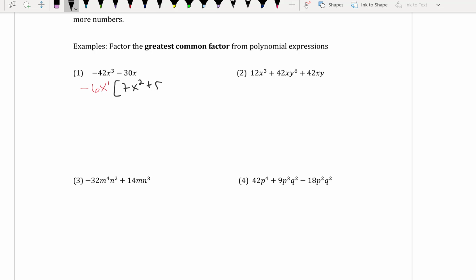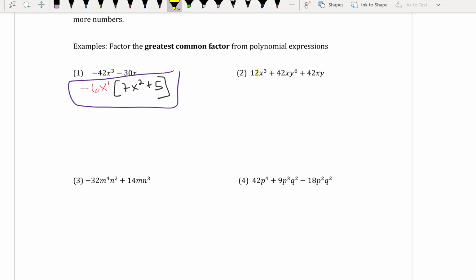And for your x's, well, x divided by x gives you x to the 0, which is just 1, so we're just left with that 5. I'm just going to write that 5 a little bit nicer. There we go. So that is going to be my final answer, negative 6x, and then 7x squared plus 5 inside parentheses or brackets. And that's how I factored out with the greatest common factor.